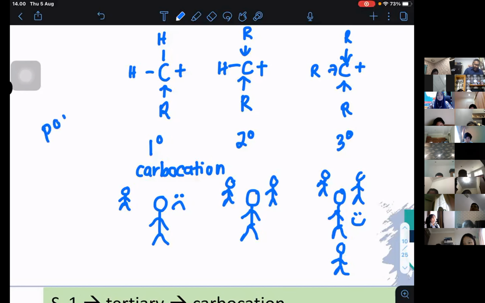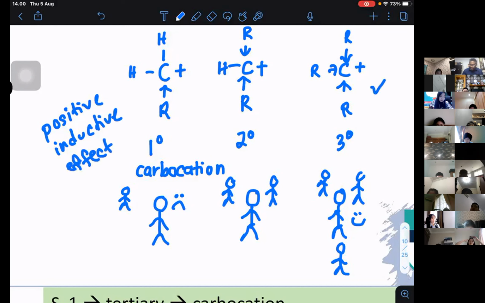For example, this tertiary situation has a better positive inductive effect, making this carbocation more stable. Why? Because the positive charge is going to be shared across three different groups, rather than just being concentrated at one particular place.